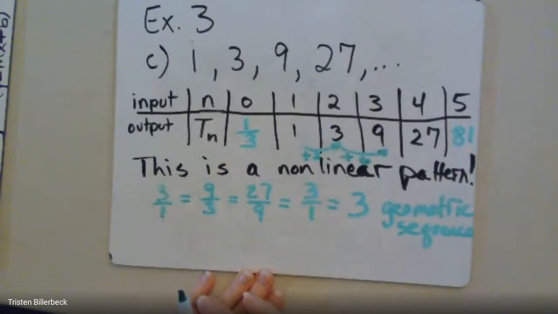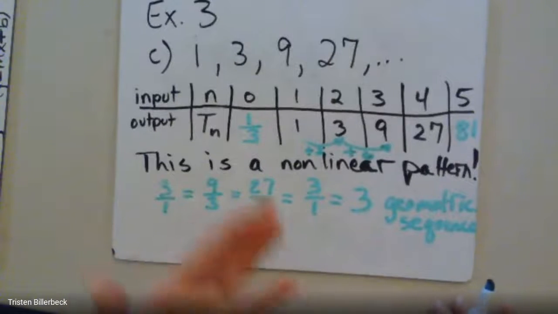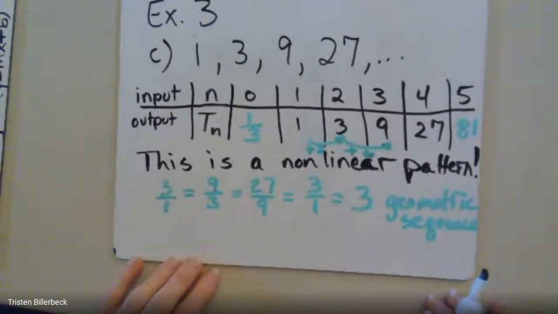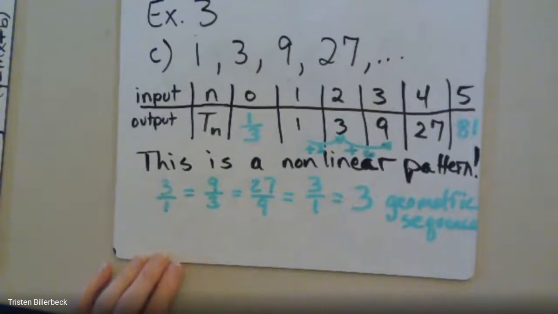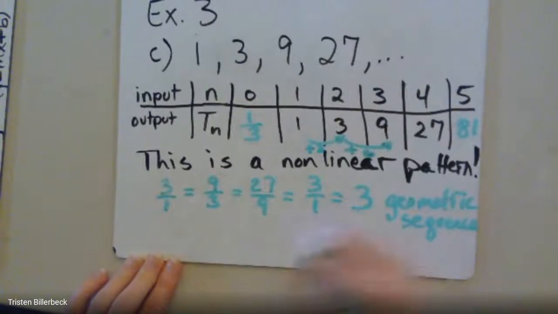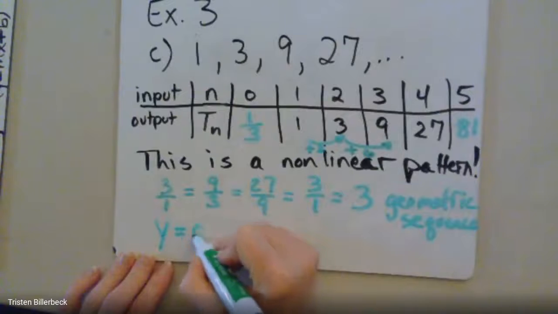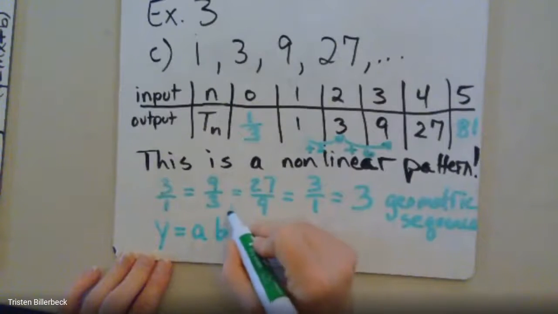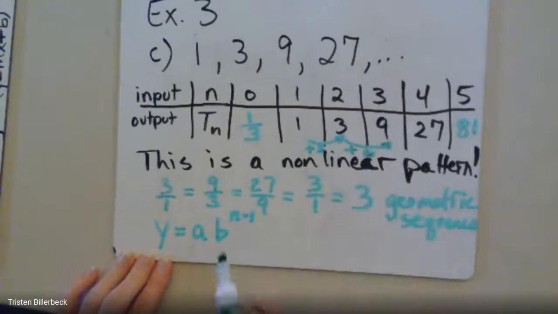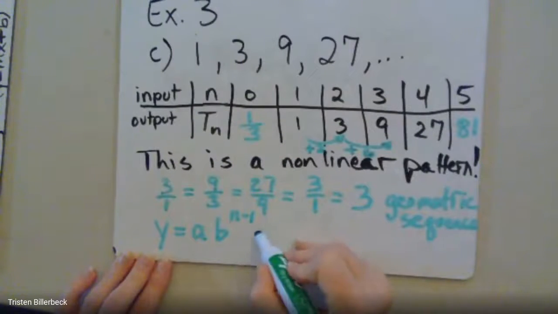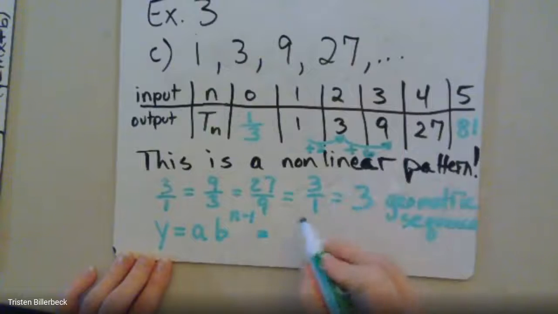Now, to find this rule would be quite difficult. I can show it to you another time. It's more of an 8th grade standard, but you'd have something that looks like this: y equals a b to the n minus 1 when you were dealing with sequences. Okay, so in this case, b would be 3.